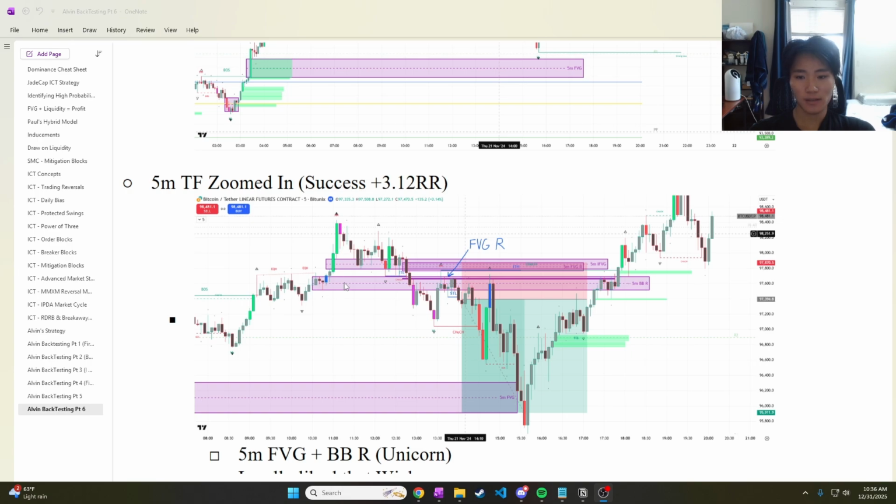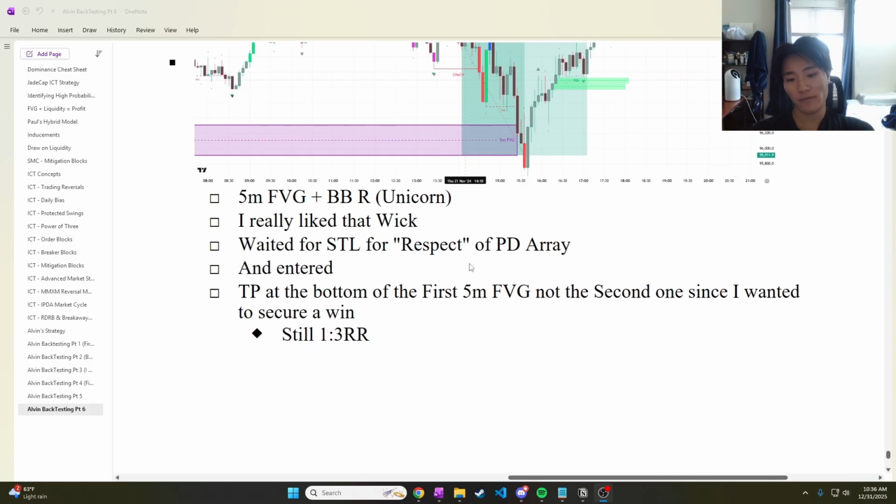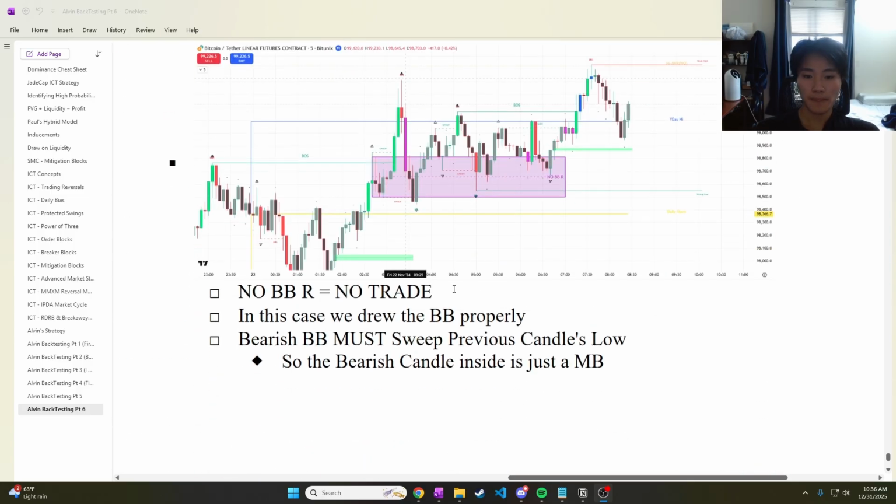All right, drawing the breaker correctly. Sweeping the low. Trade it through, tap into overlapping these. And stop loss above the FEG just in case because we didn't have an RDRB. I put it at the low of this for 1 to 3. Took the dub. That's fine.